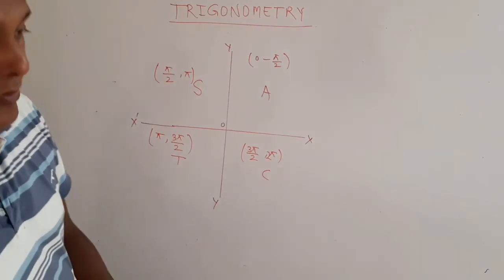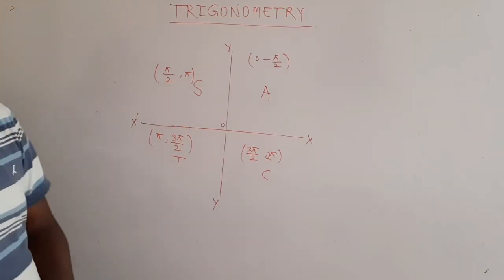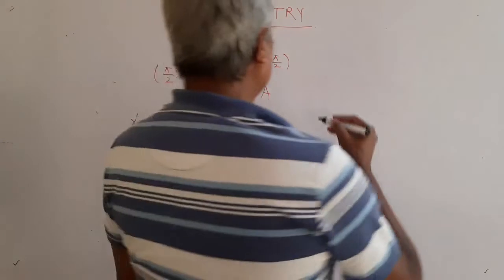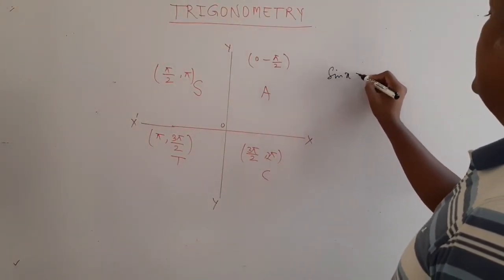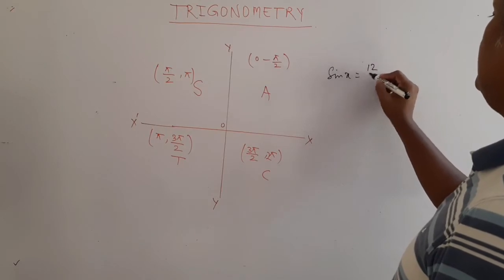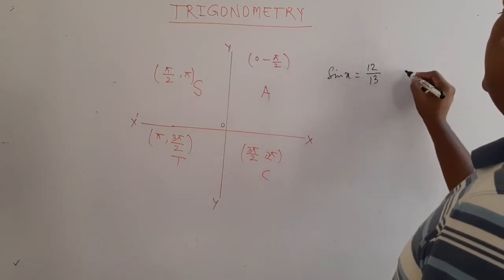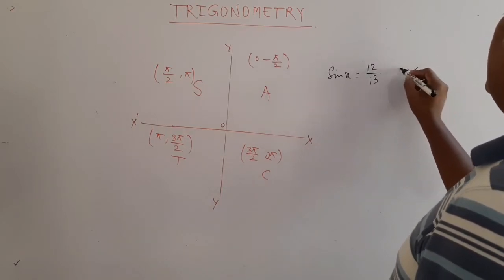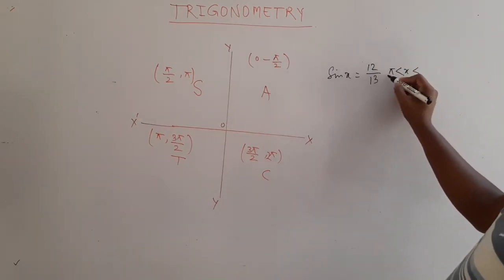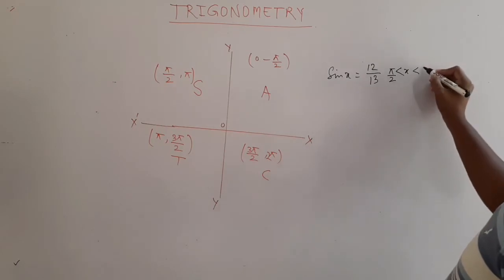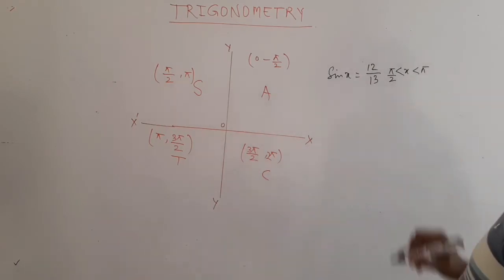Now, what kind of questions come from this section? Suppose you are given a question like sin x is 12 by 13 and x lies between pi by 2 and pi.